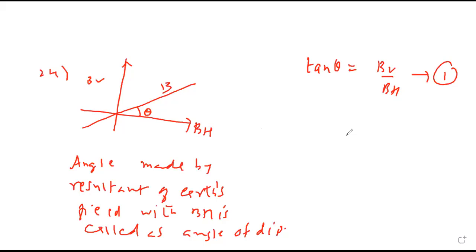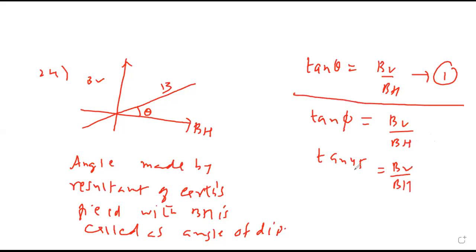So tan phi, when suspended at 30 degree, is making 45 degree with horizontal, is BV upon BH. So tan of 45 will be BV upon BH. Equation A.